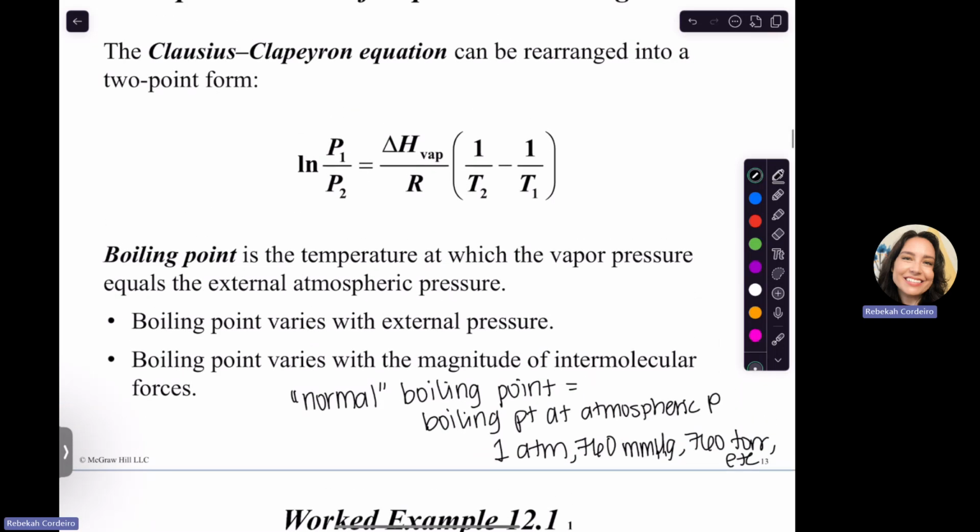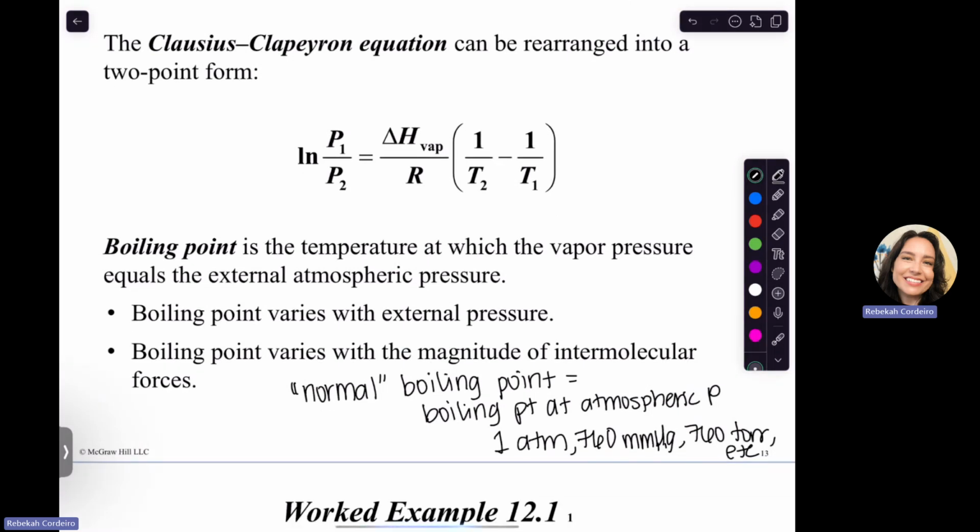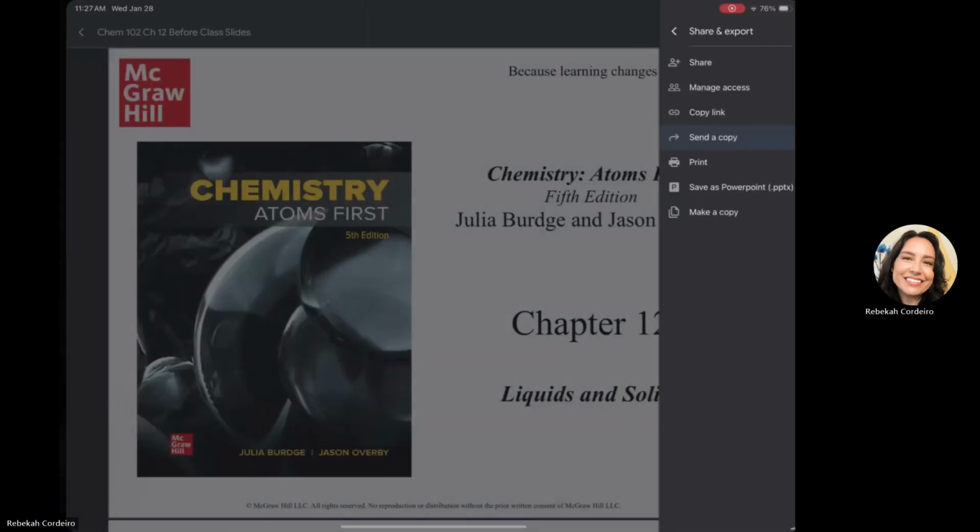So if we have a question that says, what's the normal boiling point? What I'm asking for is, if the pressure is 1 atmosphere or 760 millimeters of mercury or 760 torr, what's the temperature? The boiling point is the temperature.